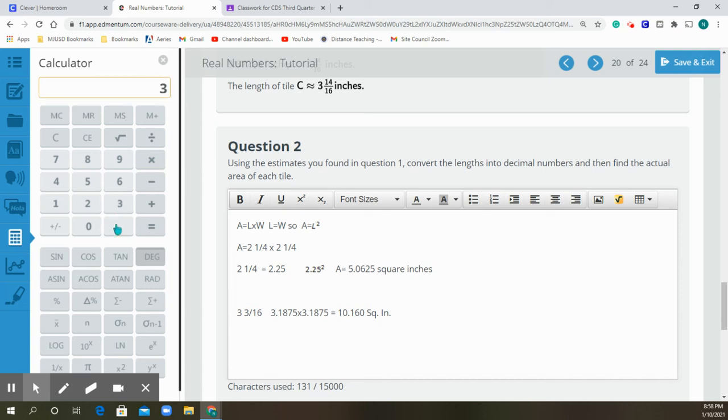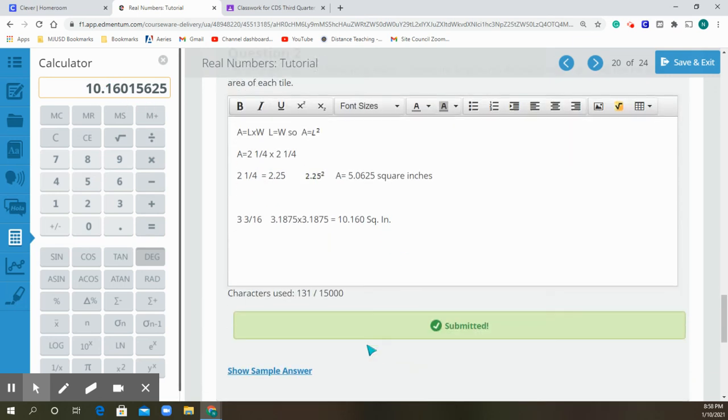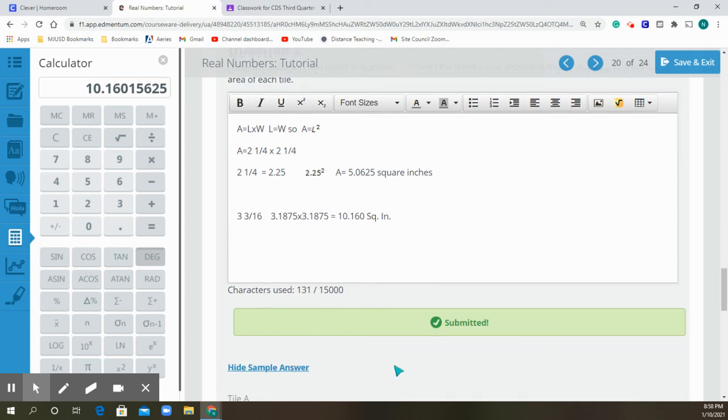So 3.1875 times 3.1875 equals 10.160. So basically 10.160 square inches.